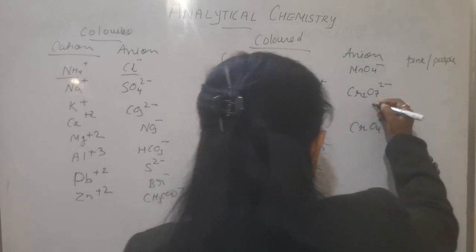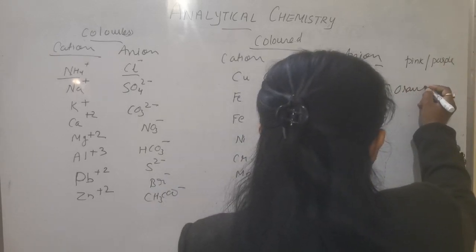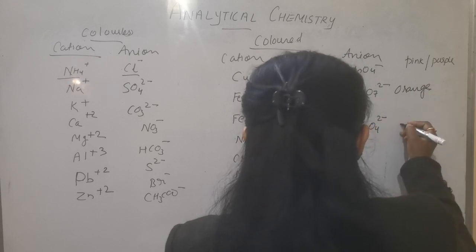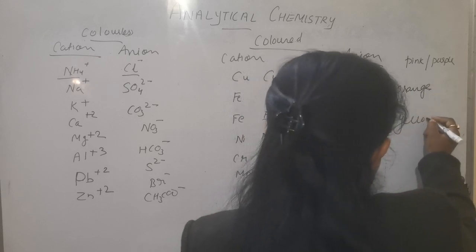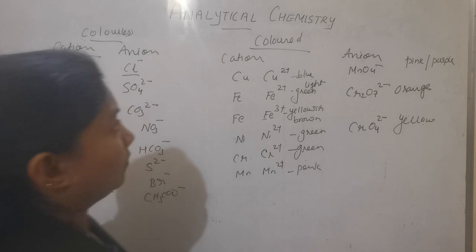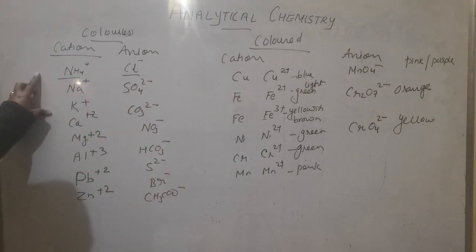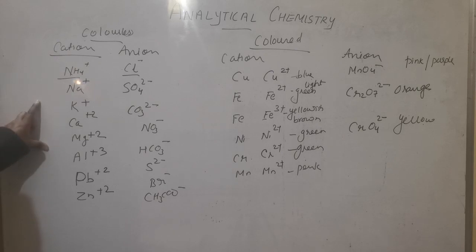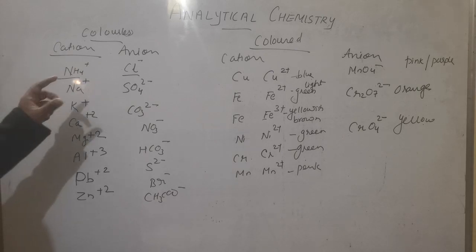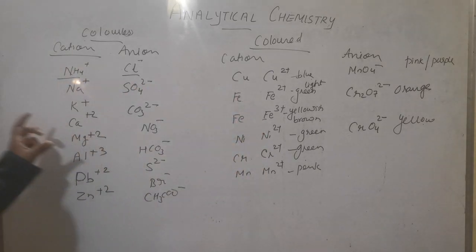This is dichromate and this is orange in color, and chromate ion is yellow in color. So these are some of the cations and anions that are colored and colorless. So we are going to study salts of these ions.